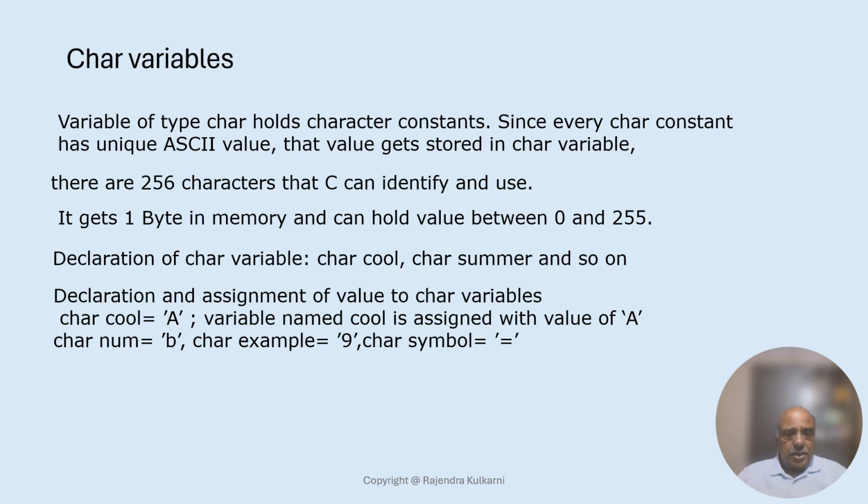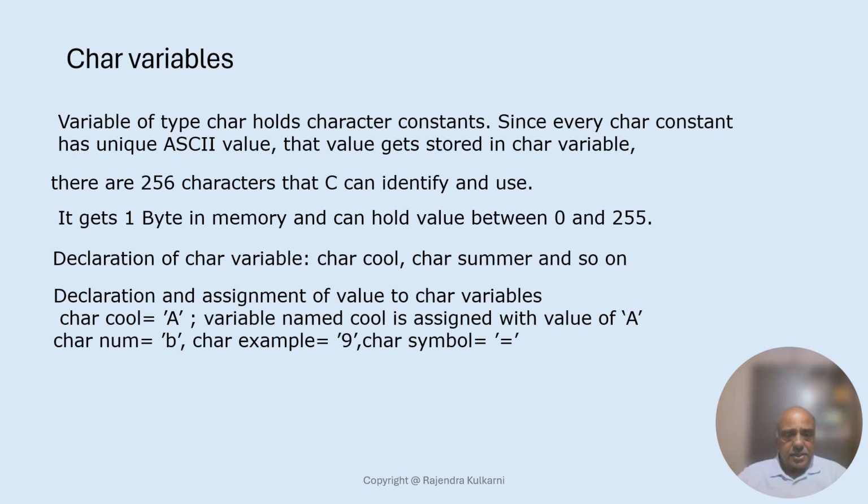Here, a variable called pool is getting assigned the value A. Here, char num is the name of the variable of char type getting assigned the value small case b. Here, char example is equal to 9.